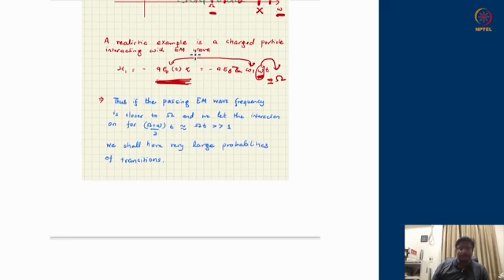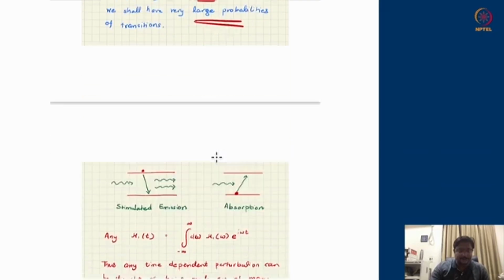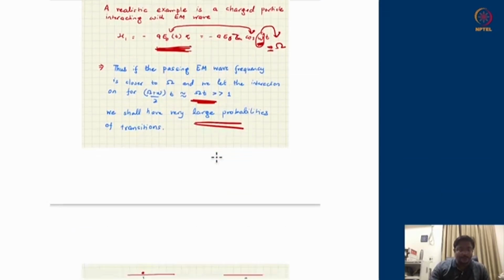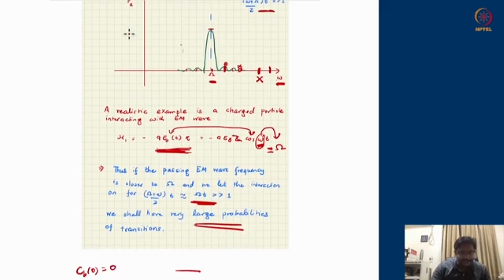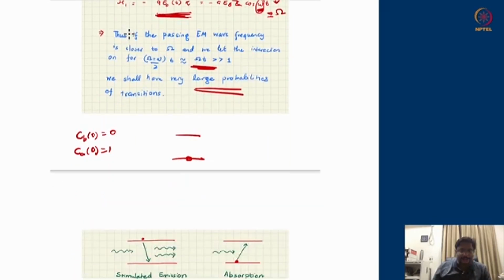Okay, so the idea is for resonance as well as for long time put together, large probabilities of transitions are to be observed. And if you do the computation for the other problem where I started from the ground state, CA of 0 was 0 and CB of 0 was 1, that means the system was in the ground state, then also you would do the computation and you will realize that the exact same expression will now come for CB of t.